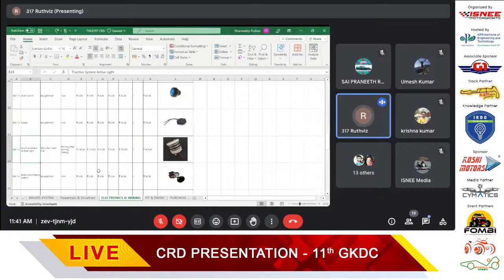Yes, sir. For this tractive system active light, we chose nylon block as the raw material. We have done the lathe operations by reducing its diameter and also its length. We first did turning operations and step turning operations. We made a base plate and the top plate.